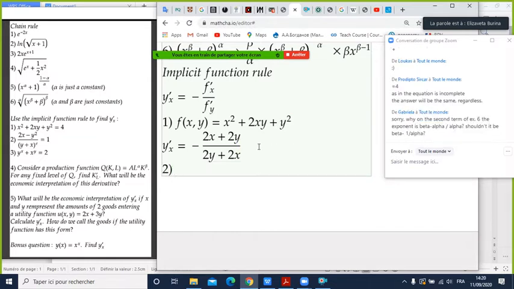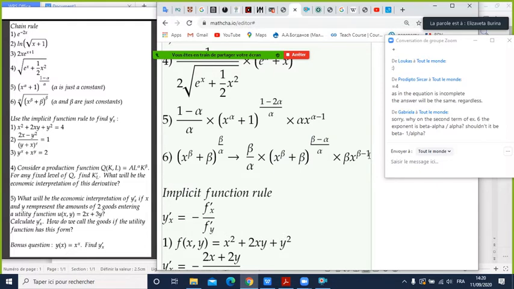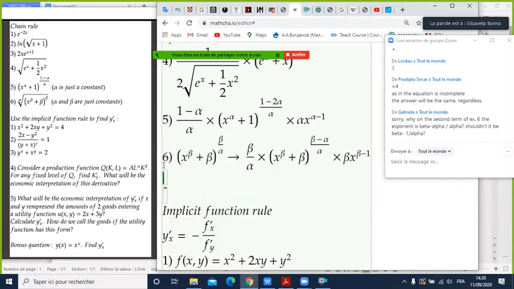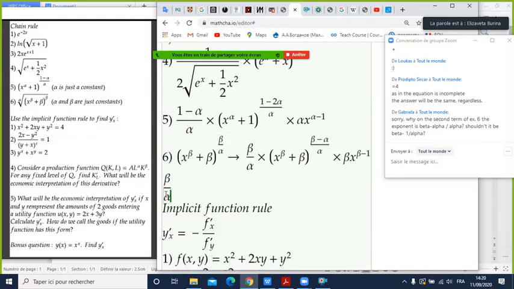For the second one, beta, sorry, why on the second term of exercise 6, second term, beta minus 1 over alpha. Okay, so this is my favorite mistake, and look, so we had beta over alpha minus 1.